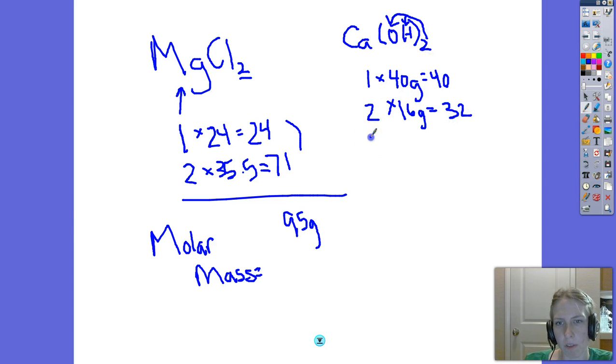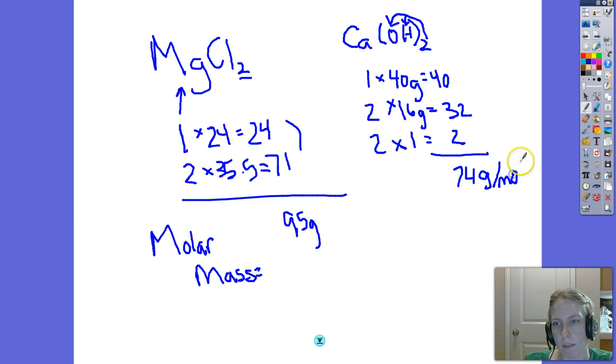And then our hydrogens, we have 2 of those at 1, so that gives us 2. If we add them all up, we get 74, and that's going to be grams per mole. So if I weighed out 74 grams of calcium hydroxide, I would get 6.02 times 10 to the 23rd molecules. So this is the molar mass for calcium hydroxide.